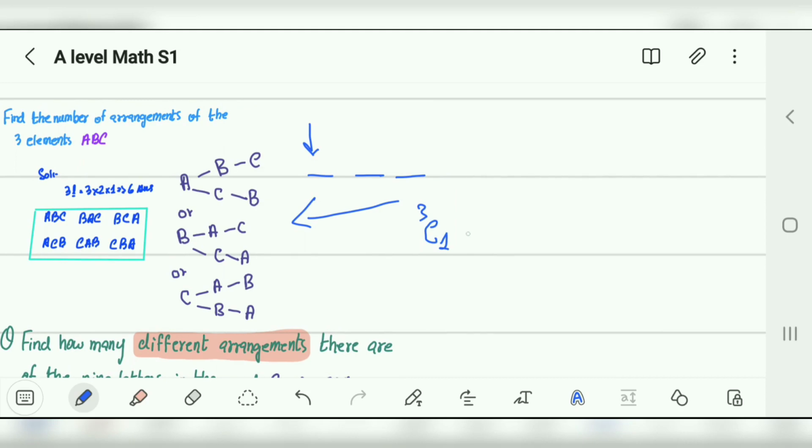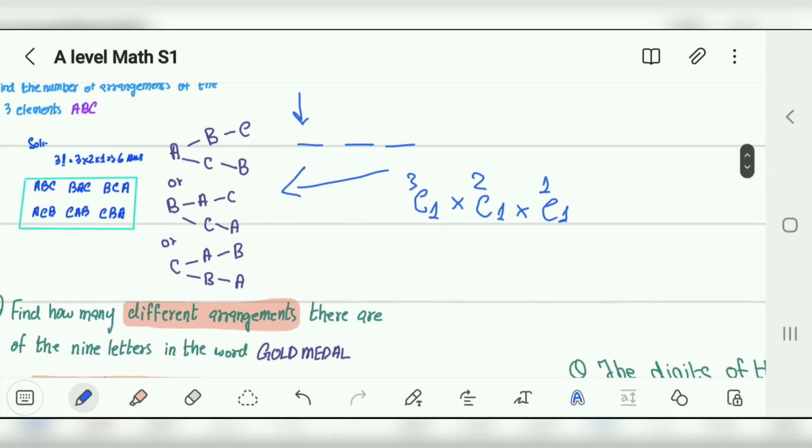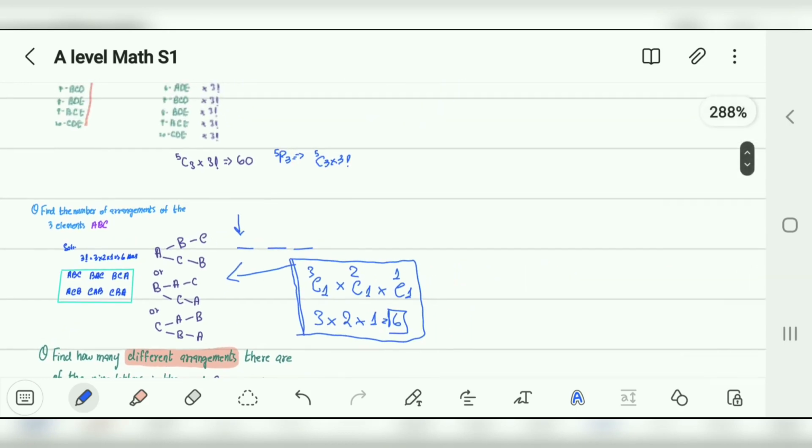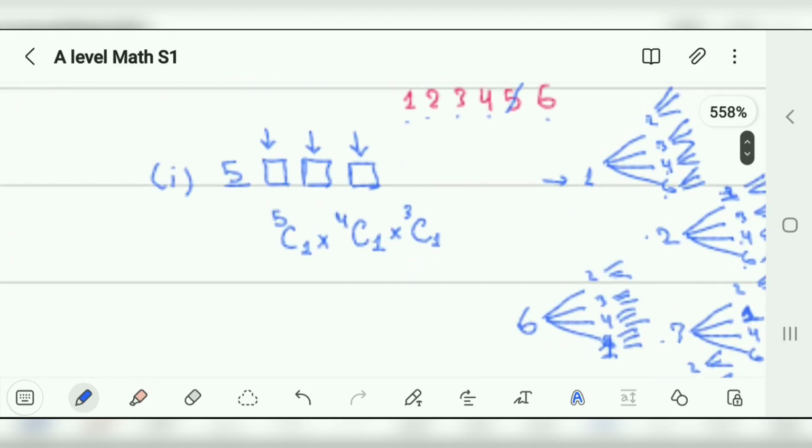Then taking any one from the remaining two letters, 2C1, and then 1C1. This is 3 multiplied by 2 multiplied by 1, which is 6, which means 6 possible arrangements of the three elements by only using the combination. So this is how you can do it.